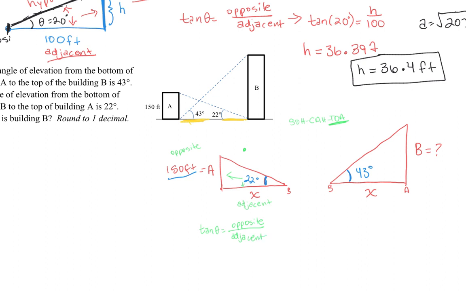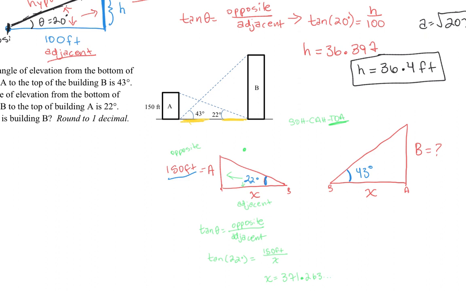So tan of 22 degrees is equal to our opposite side, 150 feet, over our adjacent side, x. So x, from some quick calculations, is roughly 371.263 and some other numbers. And I'm going to leave it just there.